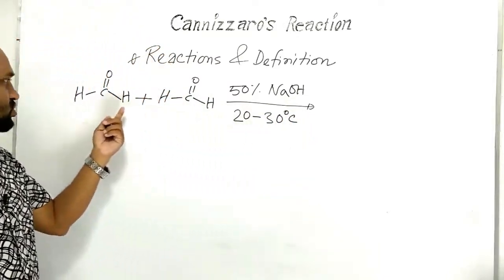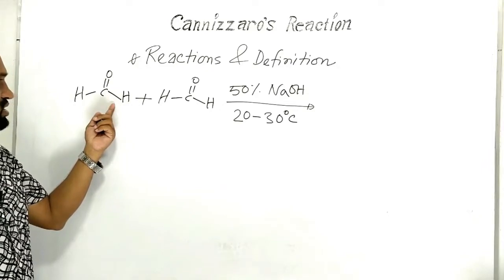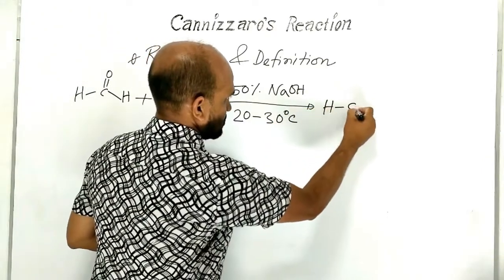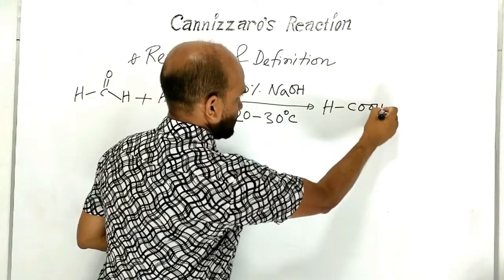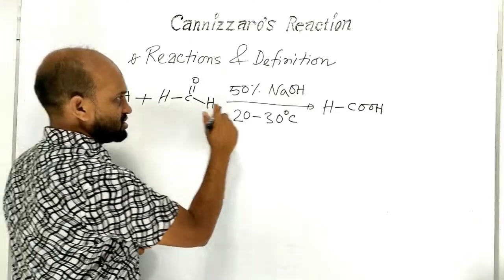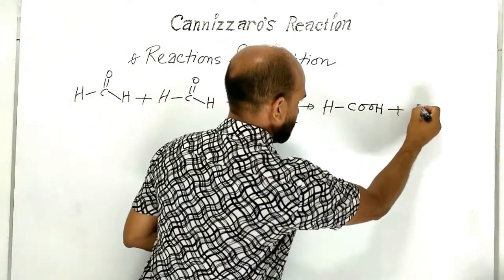Then one molecule of aldehyde is oxidized to carboxylic acid and another molecule of aldehyde is reduced to alcohol.